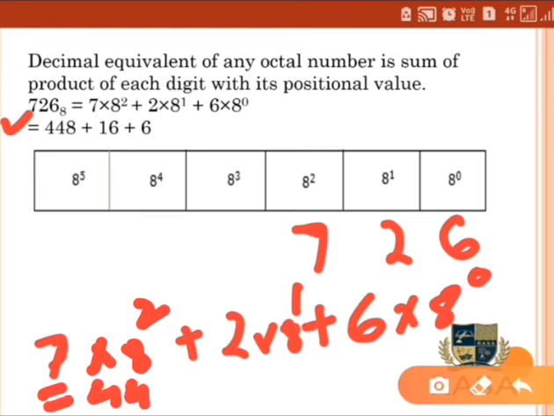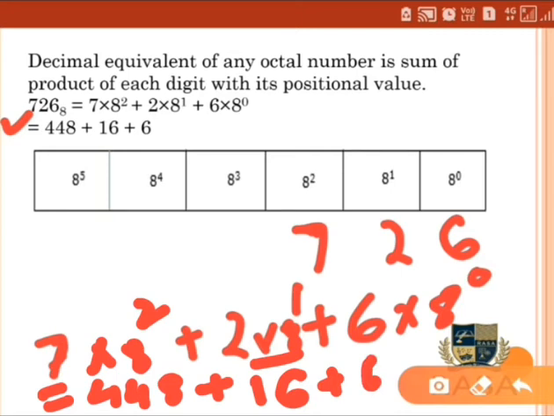448, plus this one 2 into 8 to the power 1 is 2 into 8, 16. 6 into 8 to the power 0 means only 6.